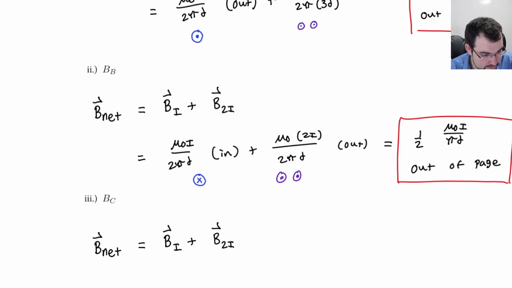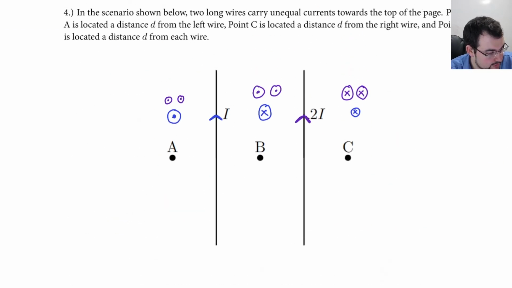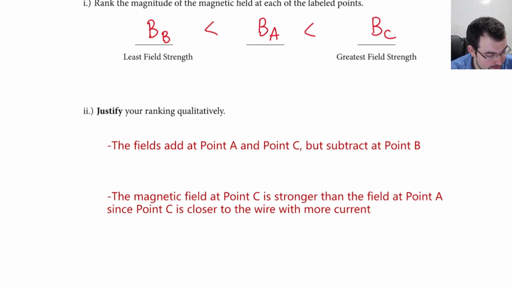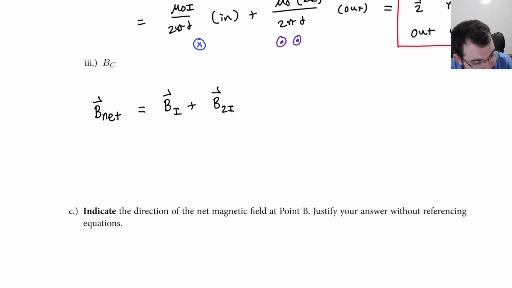And then for C, for the I wire, point C is 1, 2, 3 D's away, and the 2I wire is just 1 D away. And both fields are into the screen. So we get mu naught I over 2 pi times 3D, and that was in.